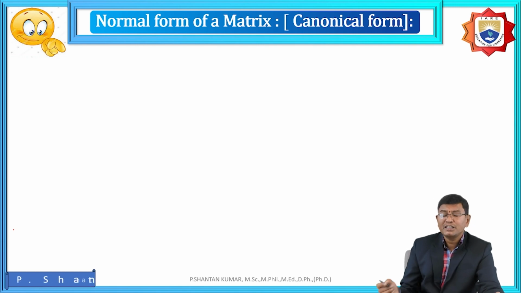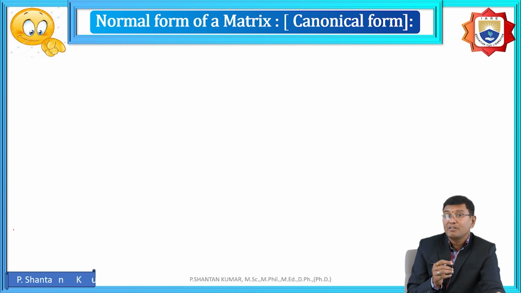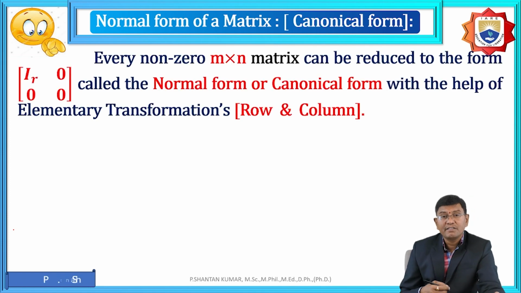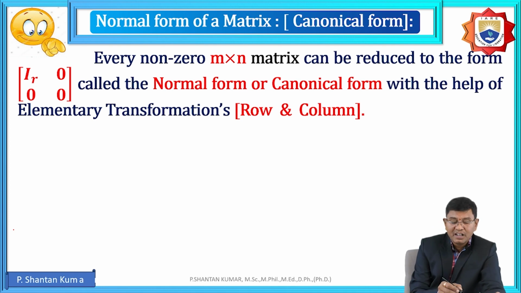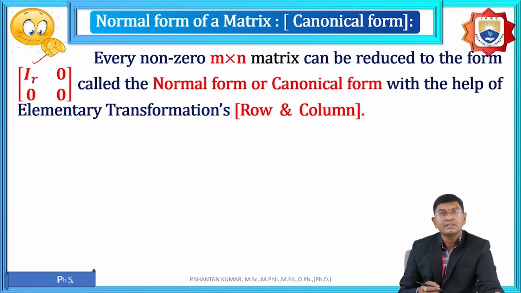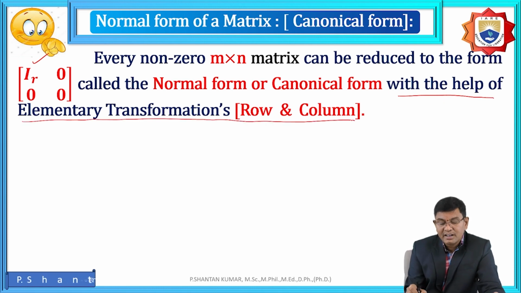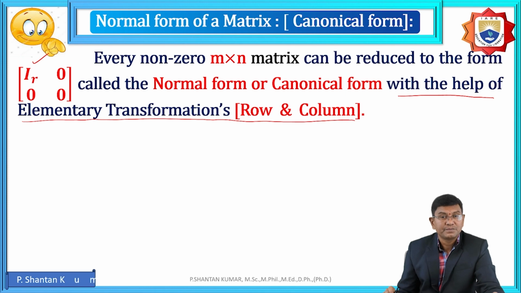Whereas in the echelon form we applied only row operations, under this canonical or normal form we apply not only row but also column operations. That means every non-zero M cross N matrix can be reduced to the form IR 00, called the normal form or canonical form, with the help of elementary transformations, that is, row and column operations.